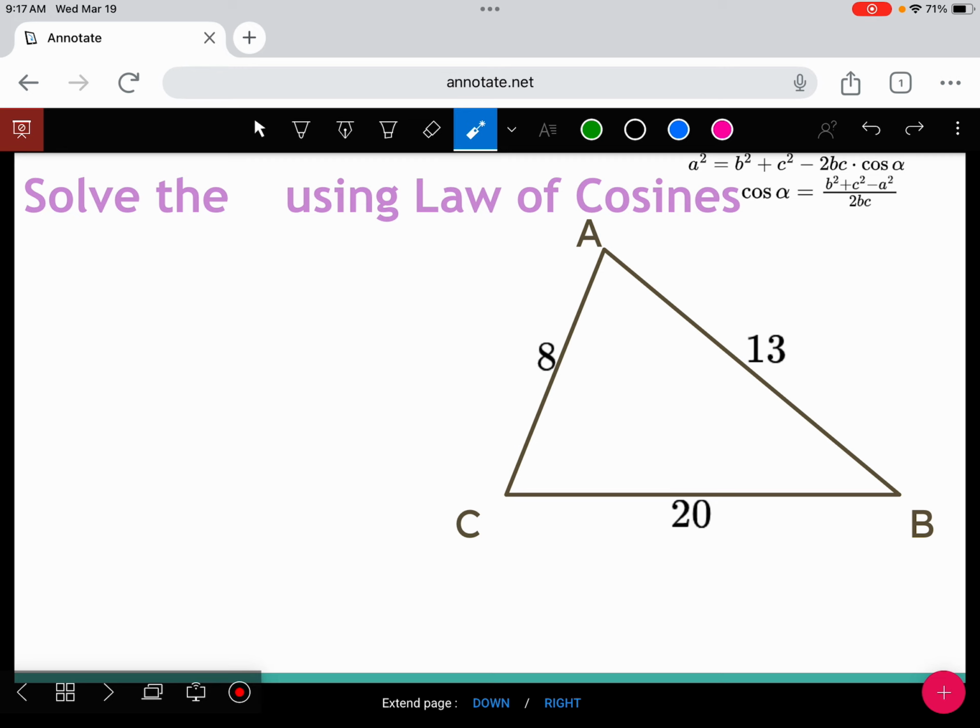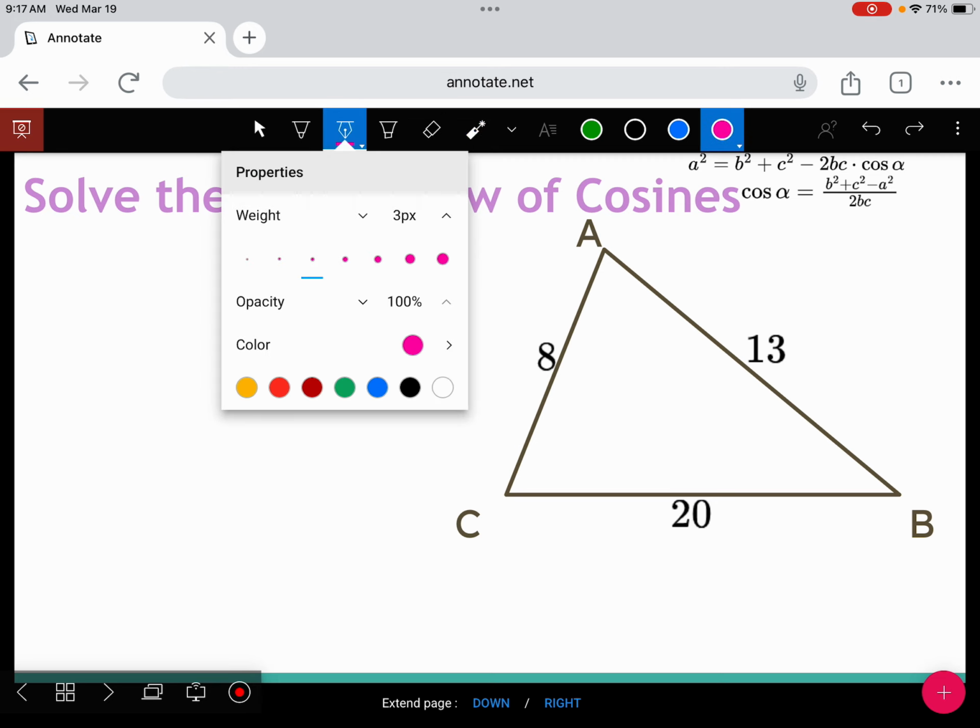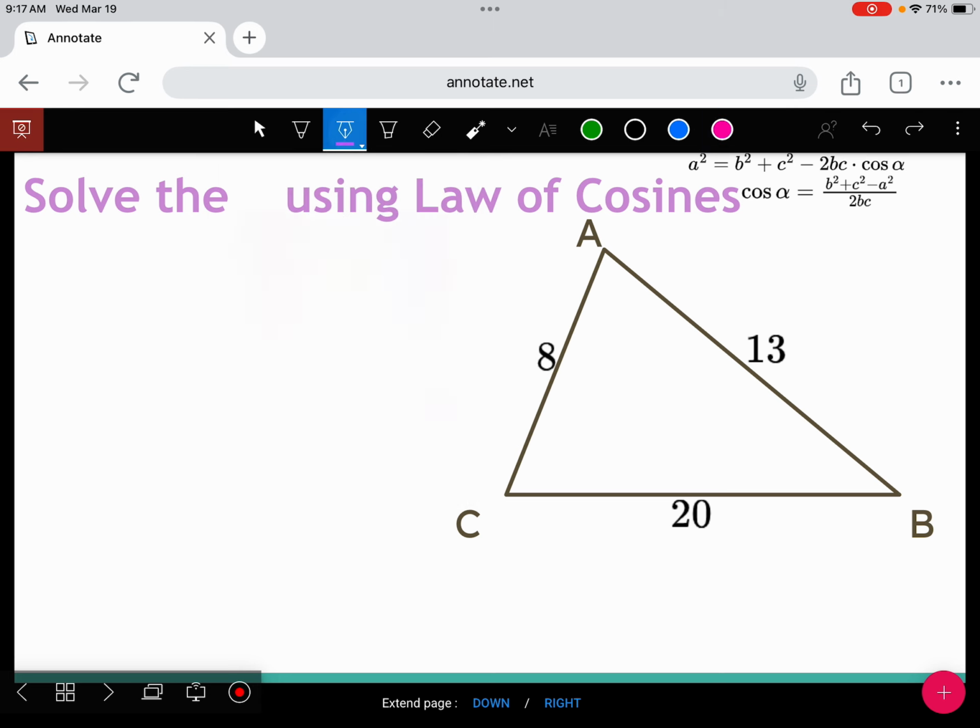So let's do the next one. We're going to solve this triangle using our law of cosines.